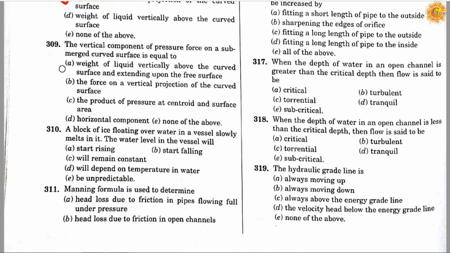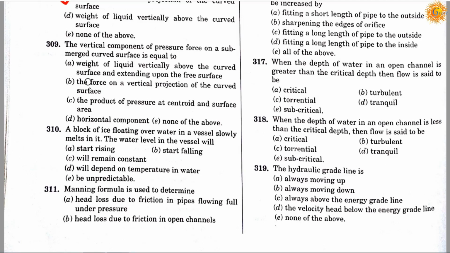Question number 309. The vertical component of pressure force on a submerged curved surface is equal to: option A, weight of liquid vertically above the curved surface and extending up to the free surface; option B, the force on a vertical projection of the curved surface; option C, the product of pressure at centroid and surface area; option D, horizontal component; and option E, none of the above.